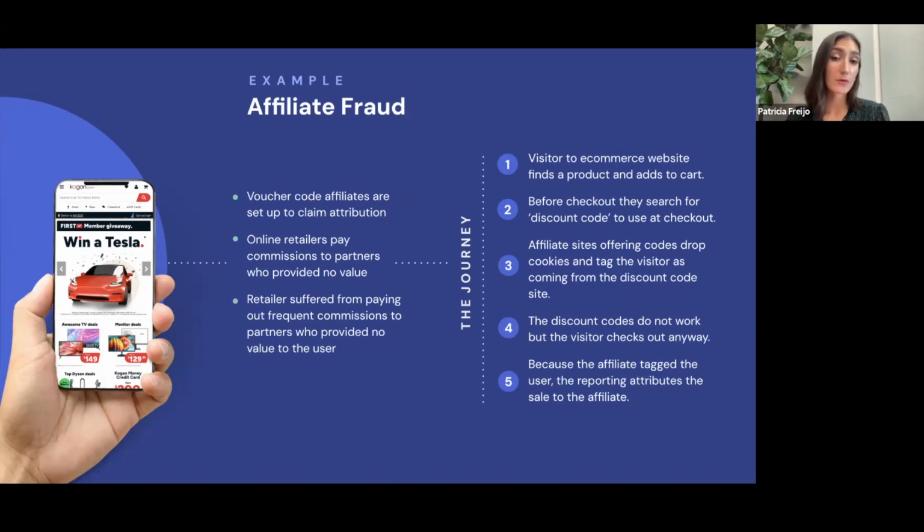So you buy whatever was in your cart, but by going into that affiliate site, they've actually tagged that user. So now that affiliate, even though the promo code didn't work, even though they didn't actually show you an ad that made you go into that brand site and buy those products, you were going to do that anyways, they're actually able to claim attribution for that purchase just because you went to the site and they were able to tag you.